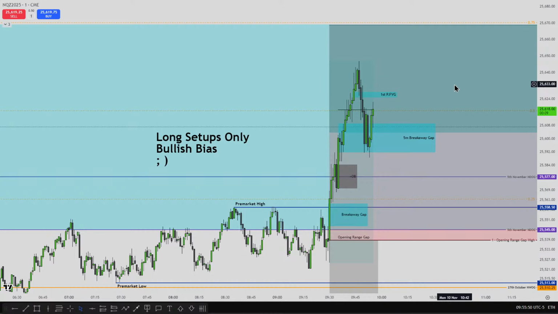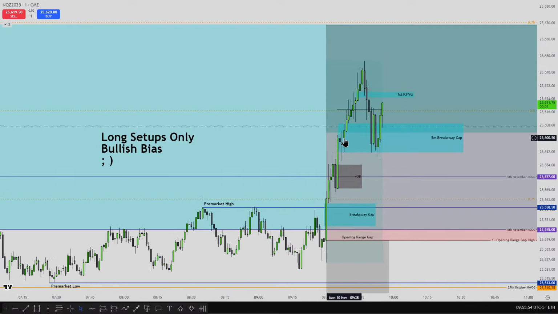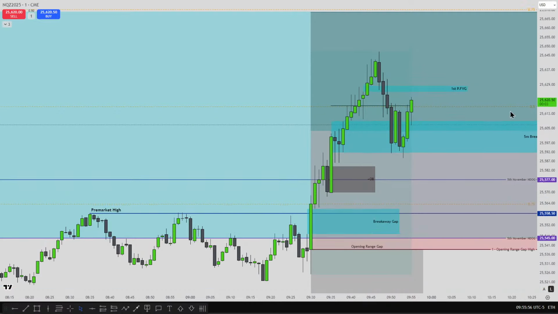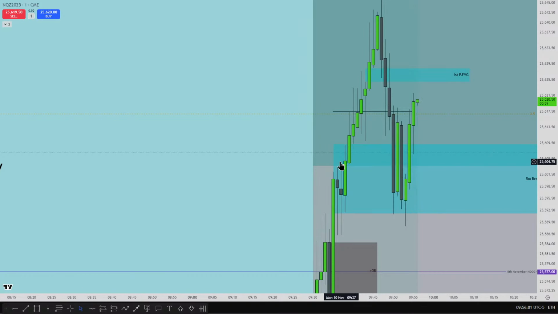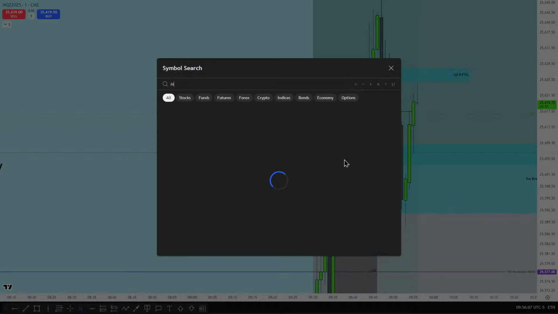What about the 1 minute fair value gap between 9:37 and 9:39? This is not a fair value gap because there's a wick in between it. Maybe on the micro it's different.